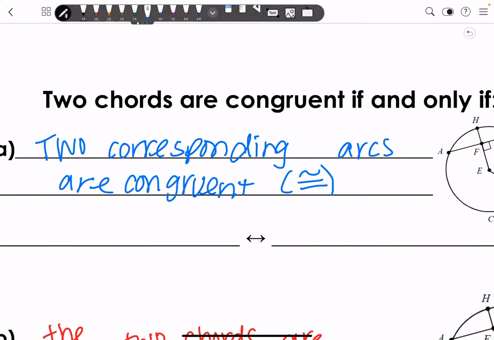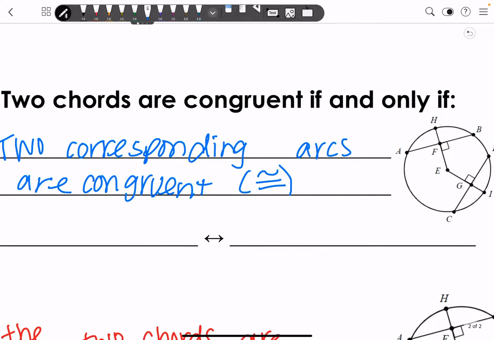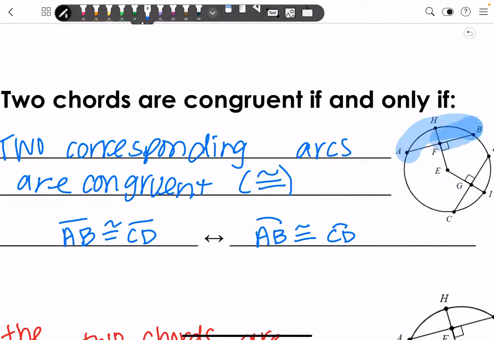So what that means is that if we're on this circle right here, that AB and CD, these 2 line segments, are congruent if and only if arc AB is congruent to arc CD. So right here, you've got arc AB and line AB, line CD and arc CD.